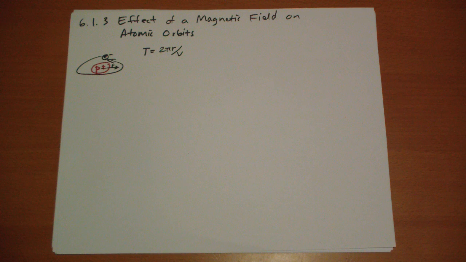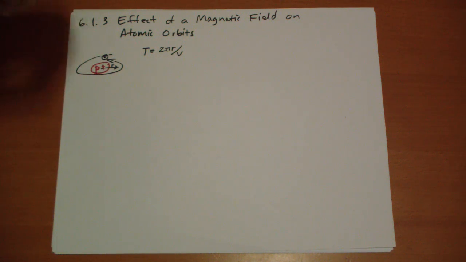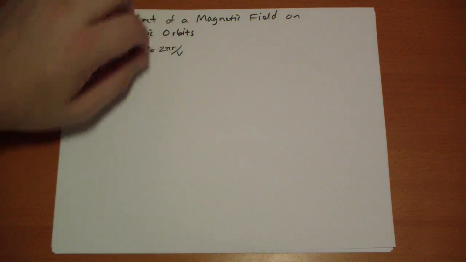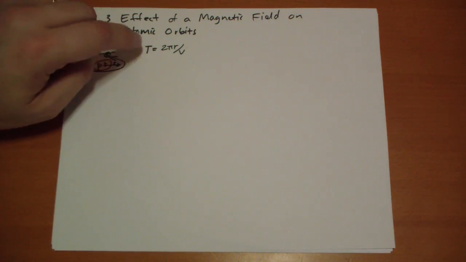If you were to do the math for this, you would find that this period is so tiny that you would have to blink really fast in order to see the electron at a position. And so really what you get is a current of negative charge flowing around this loop this many times a second.